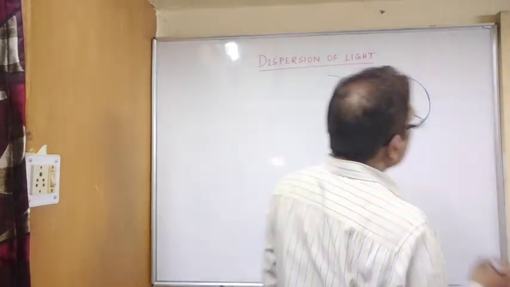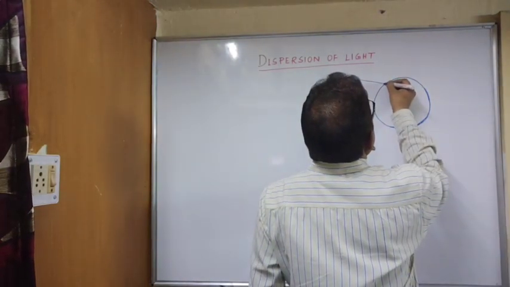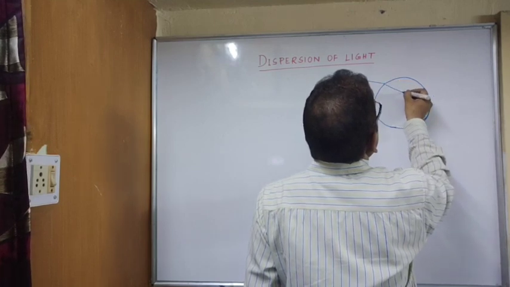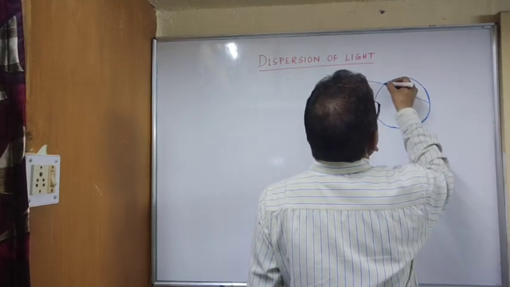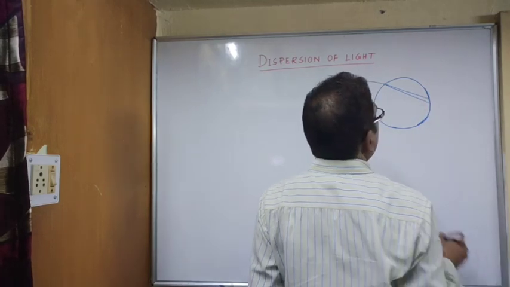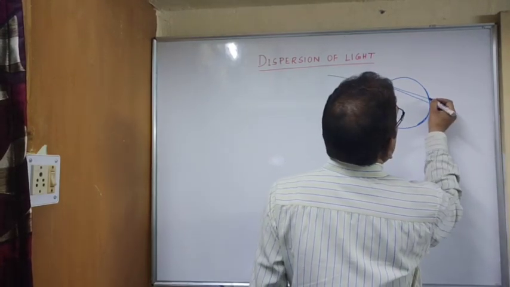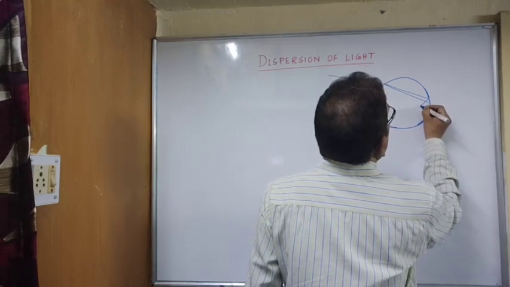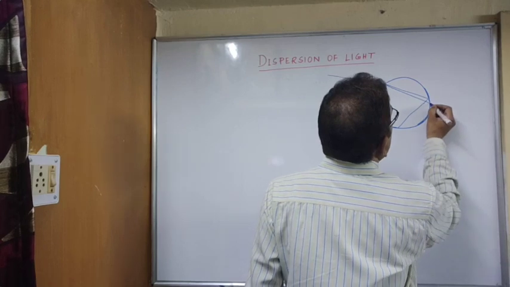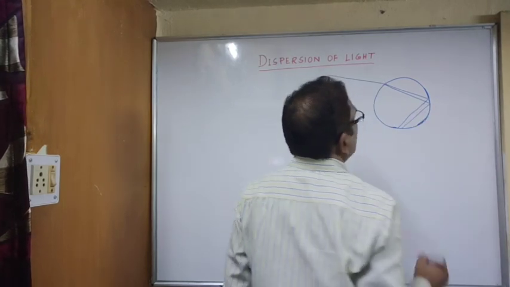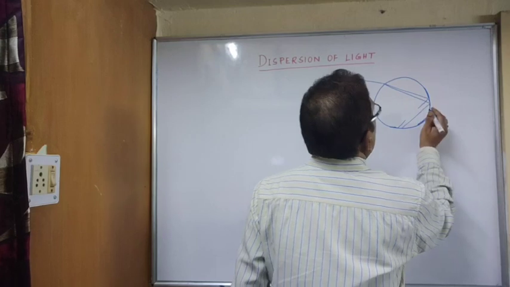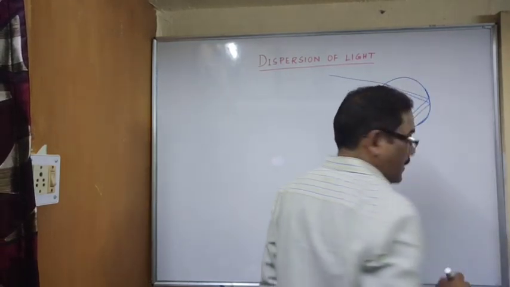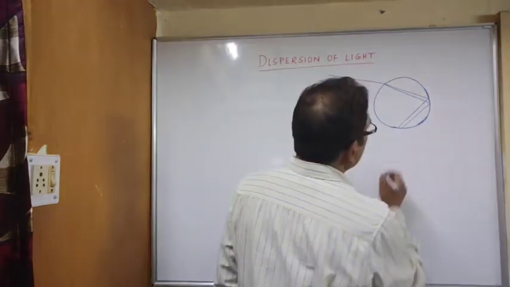When they enter, they refract and then disperse. Then total internal reflection takes place, and when they come out of the raindrop, they finally refract.